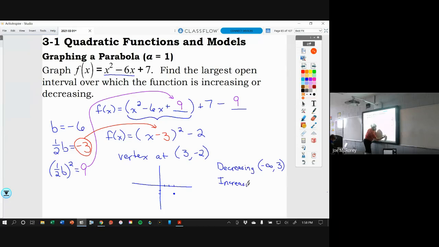It starts increasing from 3 until infinity. The only thing we have not done yet is graph it. Where's the y-intercept? 7. 1, 2, 3, 4, 5, 6, 7. Right up there.